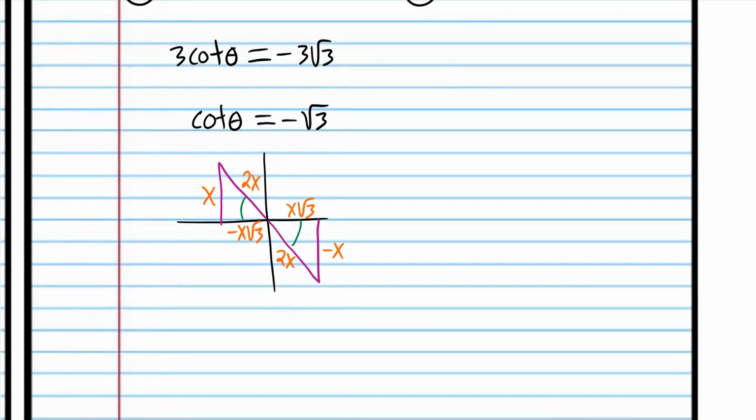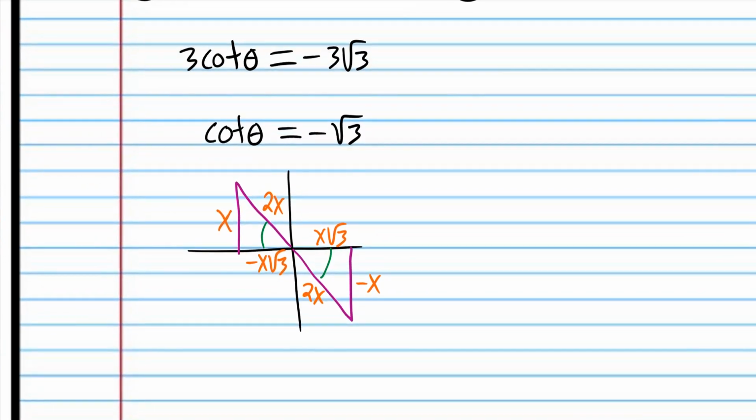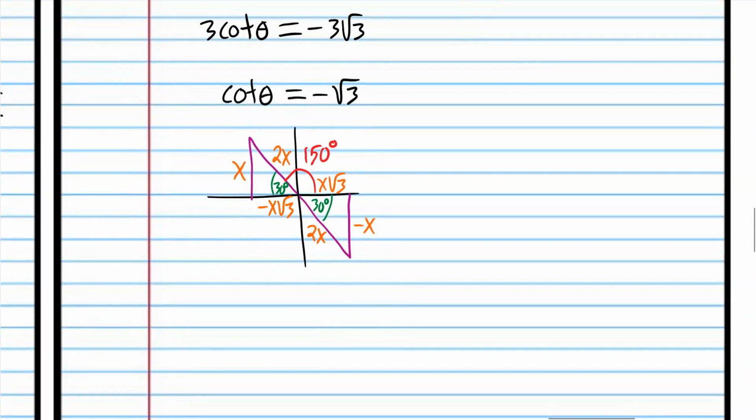So now we need to find the actual angles. Now, what are the reference angles? Well, the side opposite the green reference angle is x. So that means that the reference angles must be 30 degrees. Subtract 30 from 180 and you get 150. So the first angle is actually 150 degrees. Subtract 30 from 360 and you get 330 degrees.